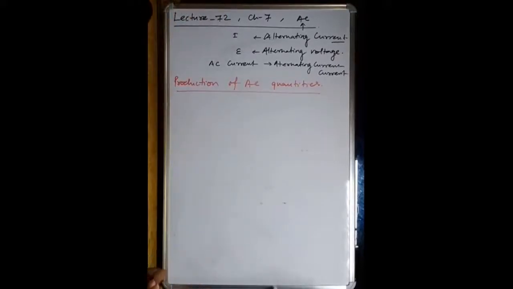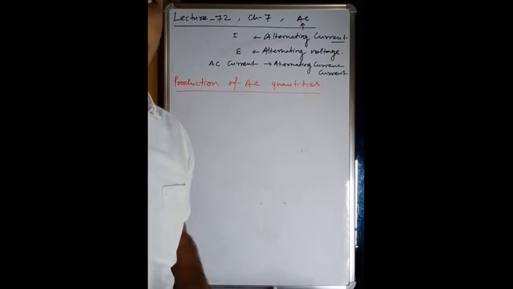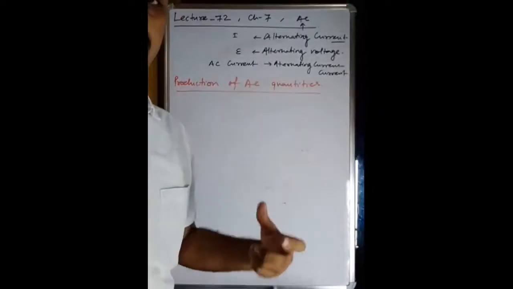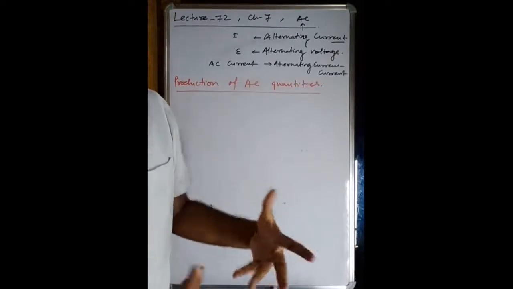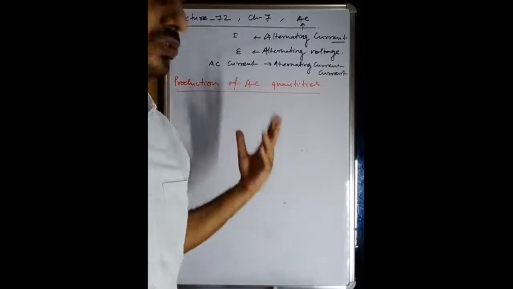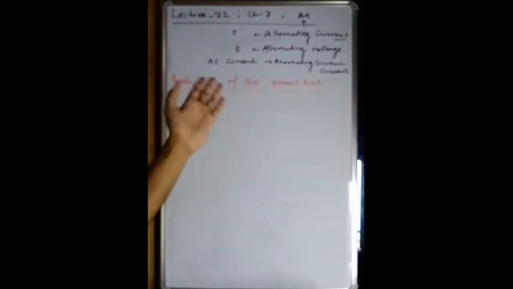We will study the source of AC in this chapter, the voltage or current generator, AC and DC generator both. That is the source of alternating current and voltage. But how that generator will produce the electric current or the voltage, we are going to study here, and we are starting this chapter with the production of AC quantities.